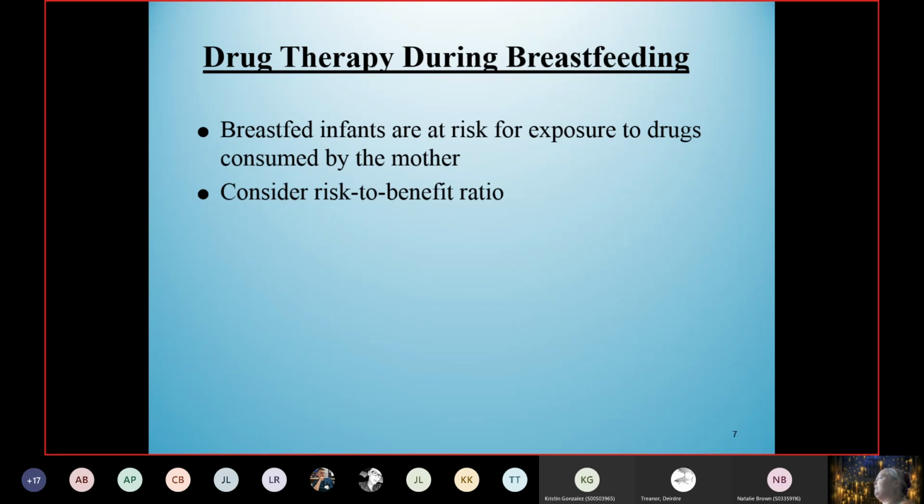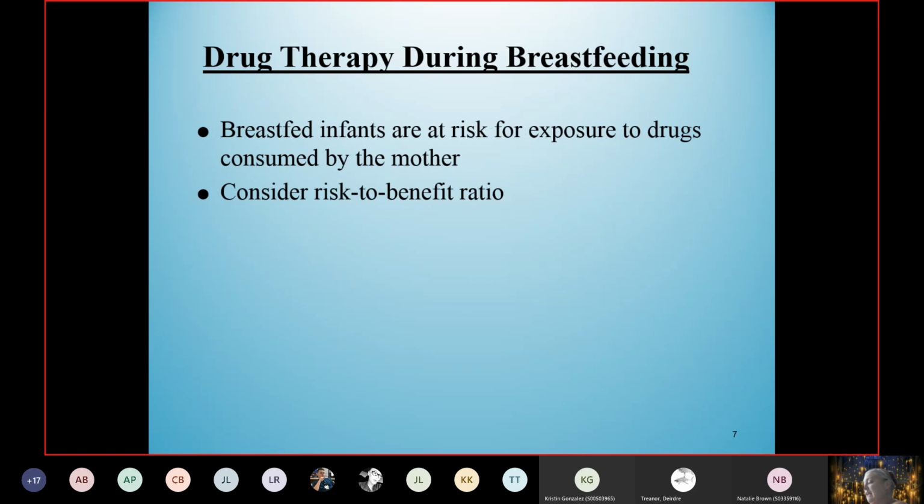Breastfed infants are at risk for exposure. A lot of drugs easily cross into breast milk and thereby to the breastfeeding infant. So some drug characteristics that increase that likelihood are fat soluble. Think about what milk is made up of. Low molecular weight, and then high concentrations.